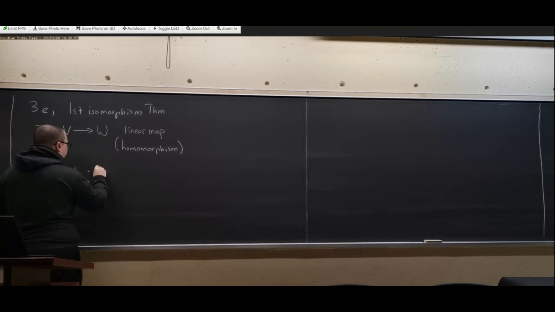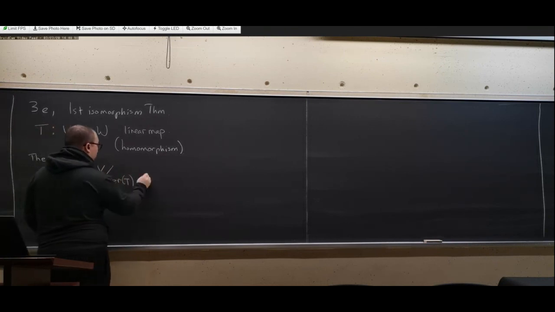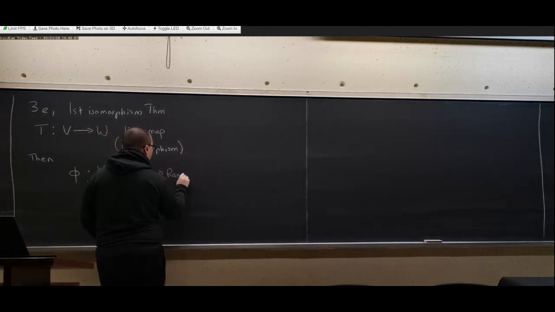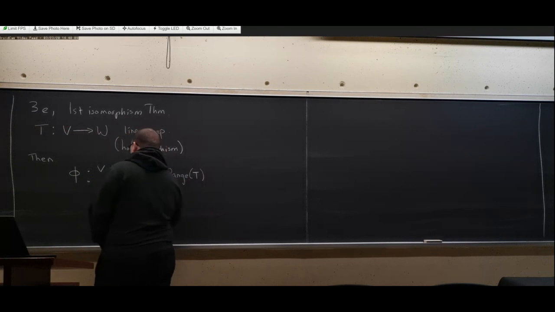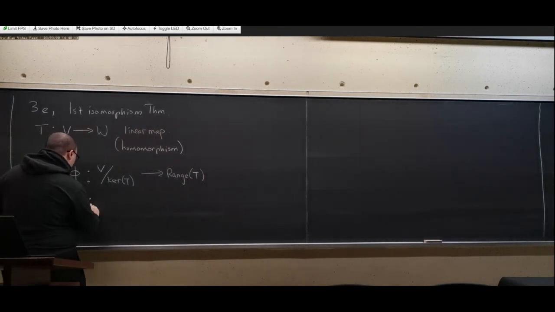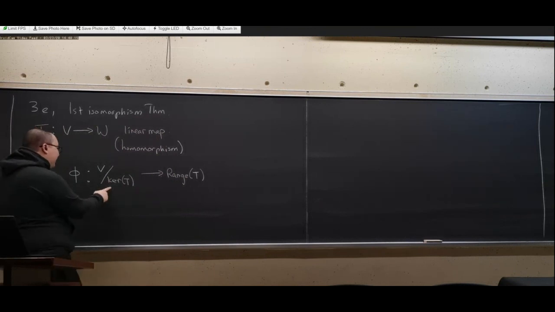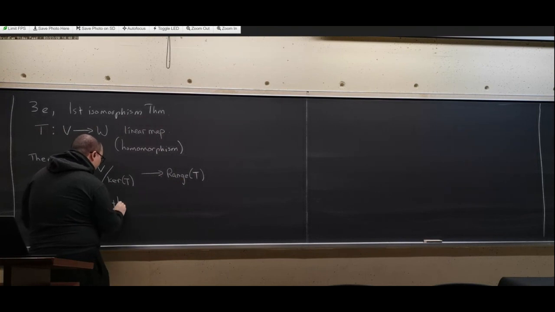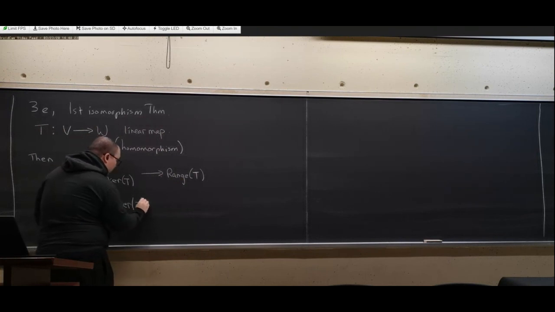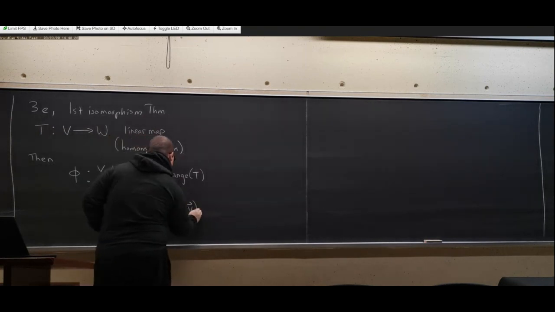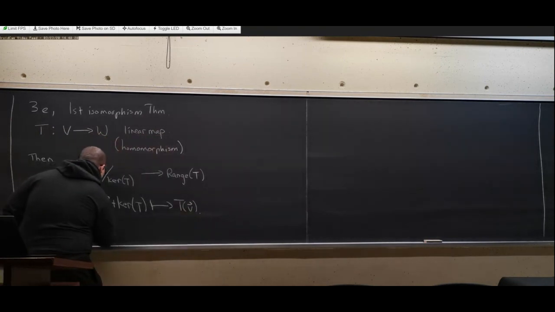That map from V slash the kernel of T to the range of T is an isomorphism. So how do we define this map? We take one element from V slash kernel of T. So that will be a random vector v plus the kernel of T, right? And then we just simply map it to T of v. So this is an isomorphism.